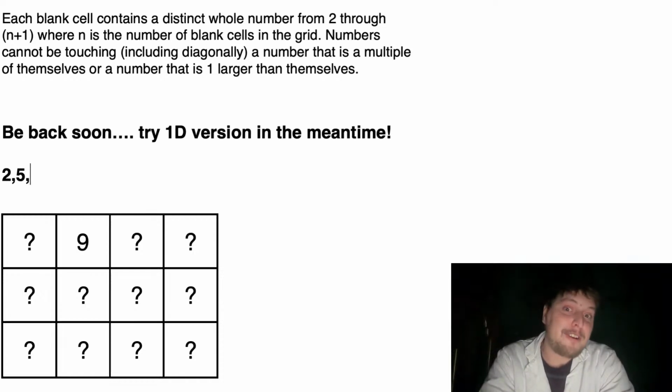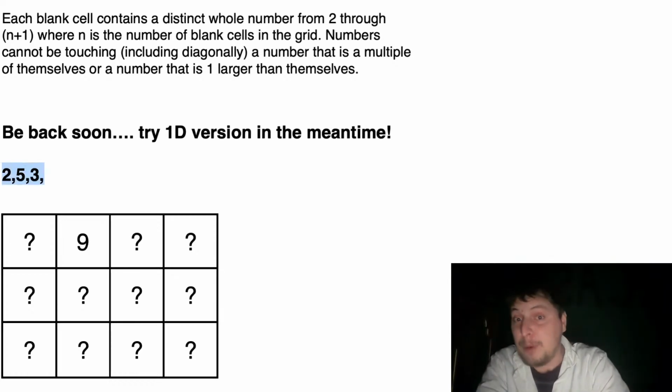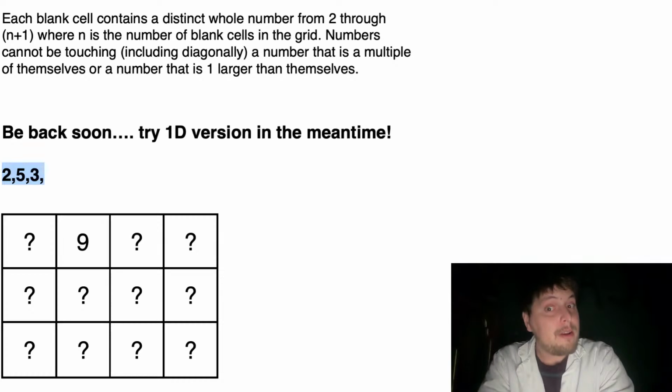And then after 5, that can't be neighboring 6 or 4. So that has to be next to 3. But 3 can't be neighboring 4 or 6 either. A 1 by 5 is not quite long enough. So good guess to our commenter guessing 5, but not quite. Because there's no way to fit all of those together.